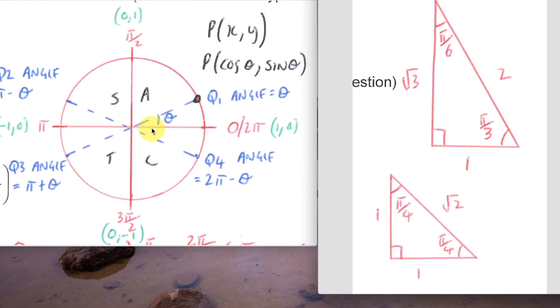How did we work out this angle all the way around to there? It's pi minus pi on 3, and pi is 3 pi on 3, so it's 3 pi on 3 minus pi on 3 to give me 2 pi on 3. So this is pi on 3, and if we go from there all the way around to there, it's 2 pi on 3.